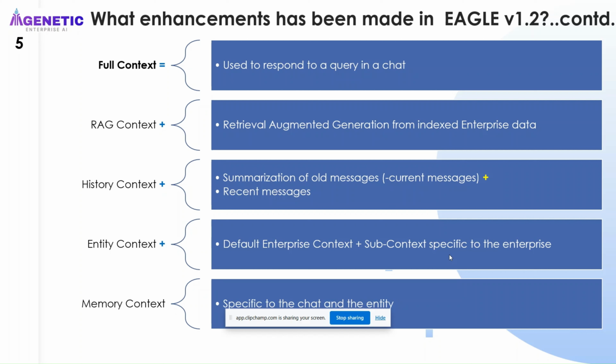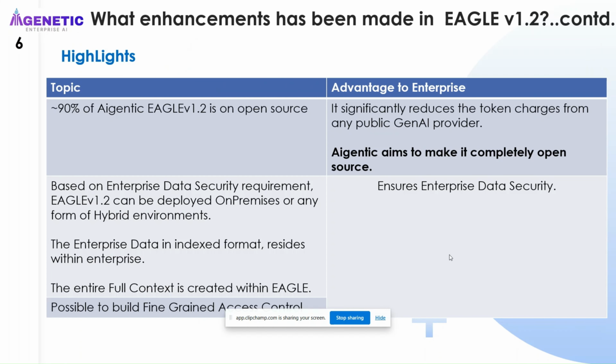Now, these are the highlights which we want to showcase to you. Approximately 90% of the entire Agentic Eagle 1.2 solution is on open source. What that means is that it significantly reduces the number of tokens which is required.